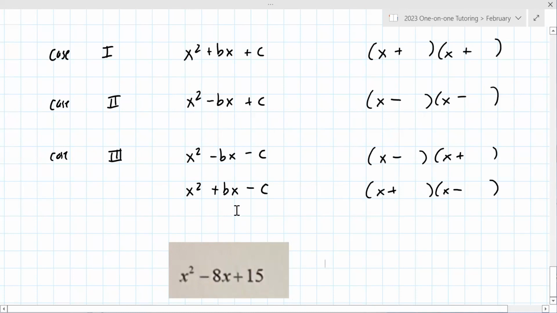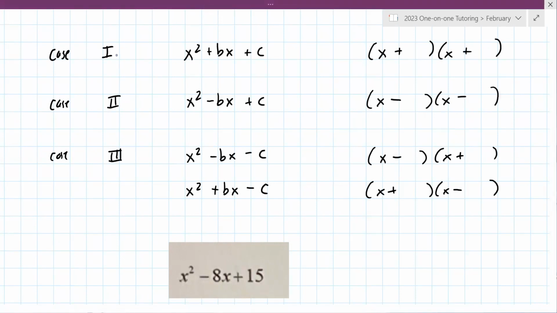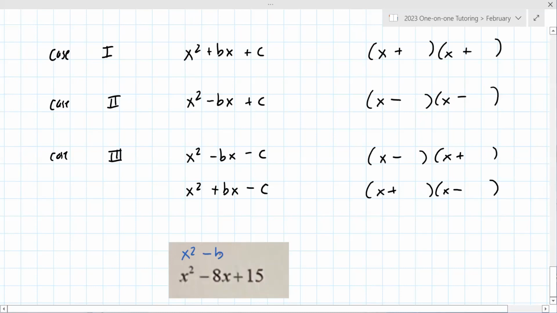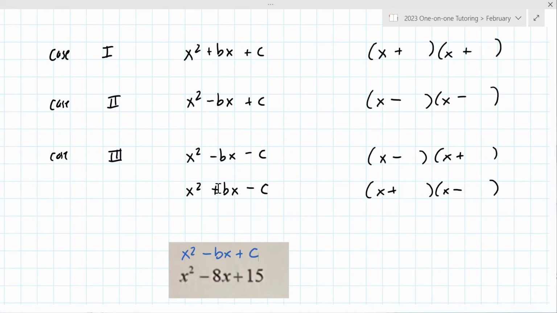So I look at this as x squared minus bx plus c, and that's where it matches back with this second line. Okay, so could you factor this one for us?